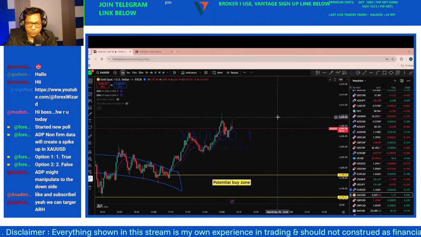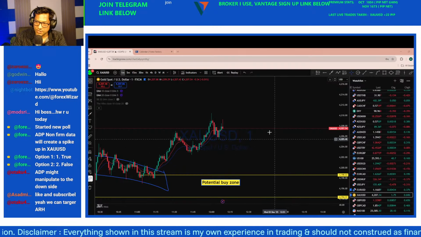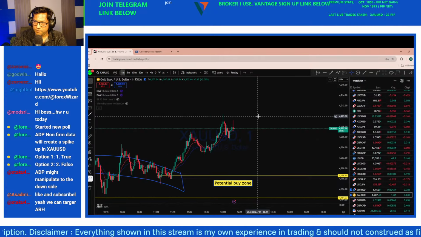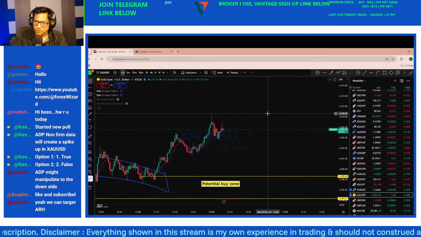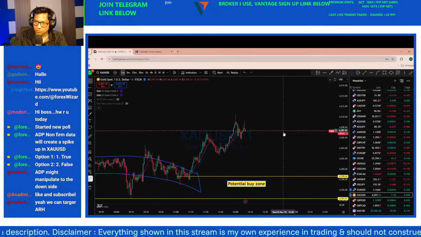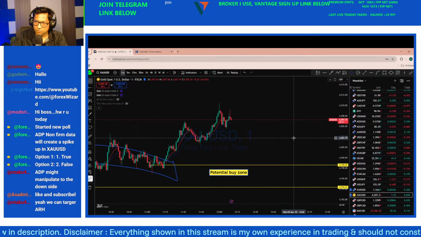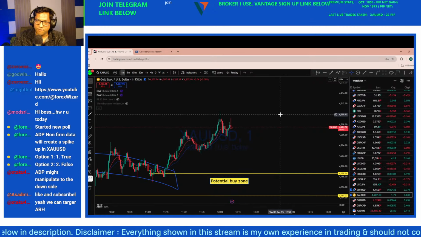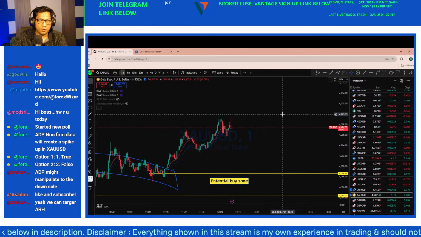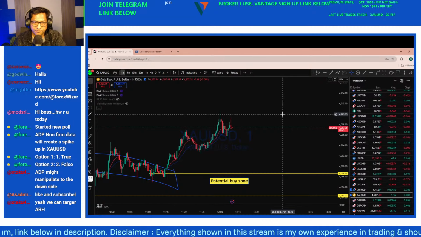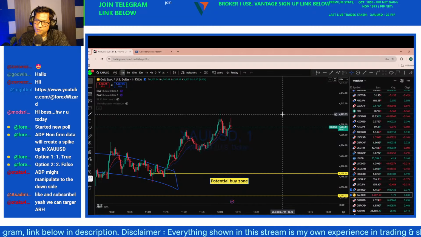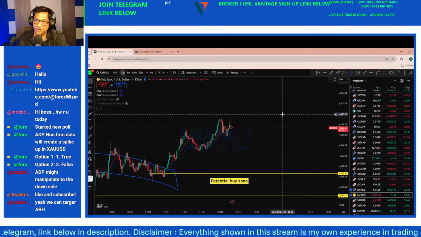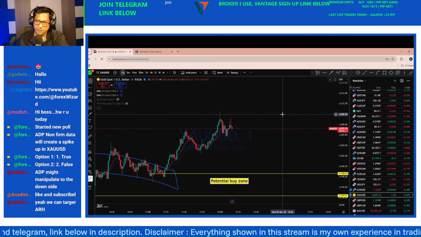Because that's where you'll see that the market sometimes gets very confusing if you do not use confluences for your entry. Do you trade randomly or do you use any kind of confluence here?